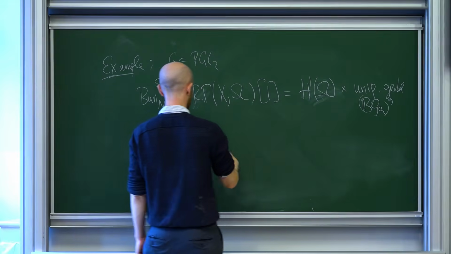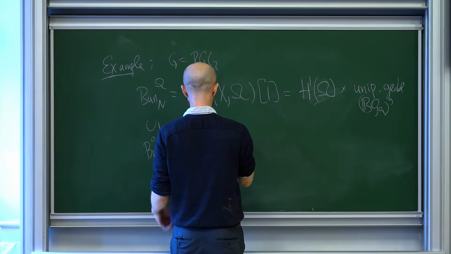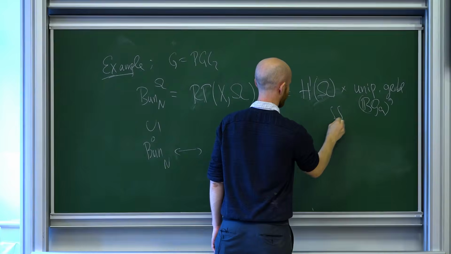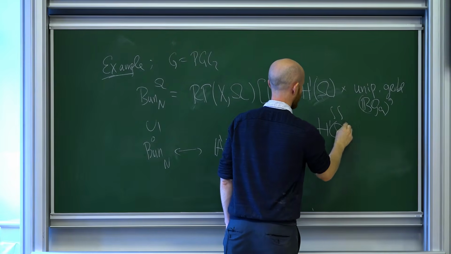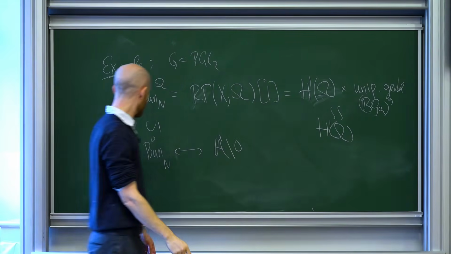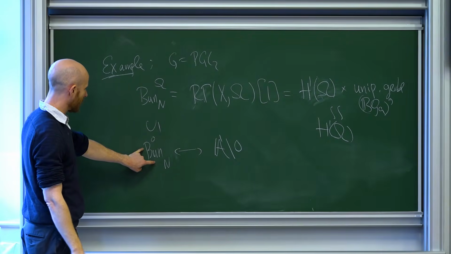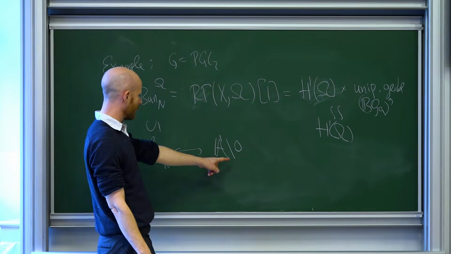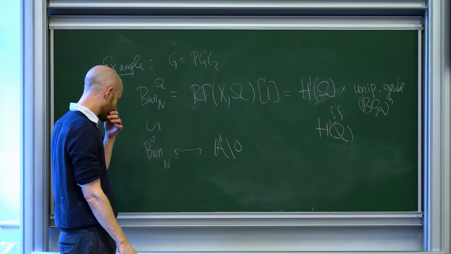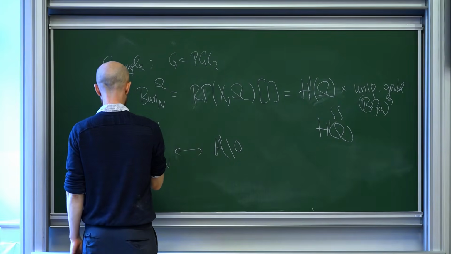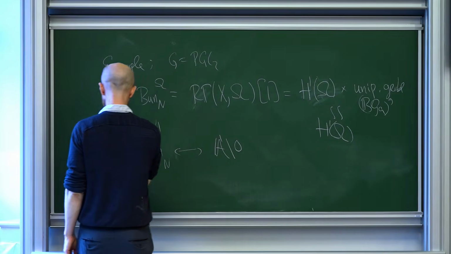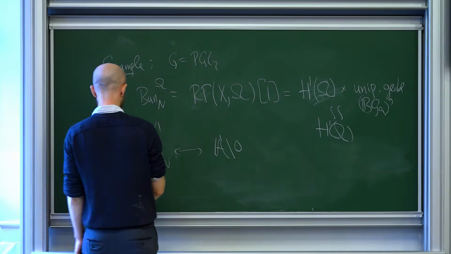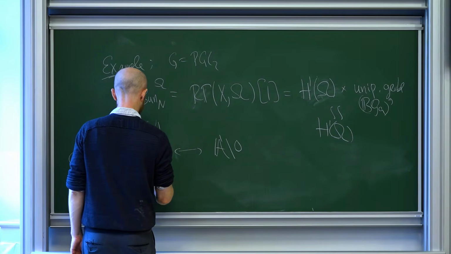So for this Bun_N^ω with the circle, I'll just contract that gerbe and imagine I was working with this space instead. Now this Bun_N^ω circ corresponds exactly to A^1 minus 0. And my torus T, which is just a copy of G_m in this case, acts simply transitively.